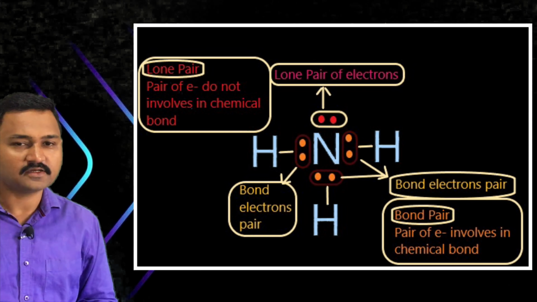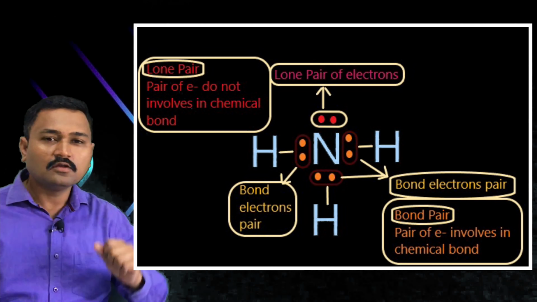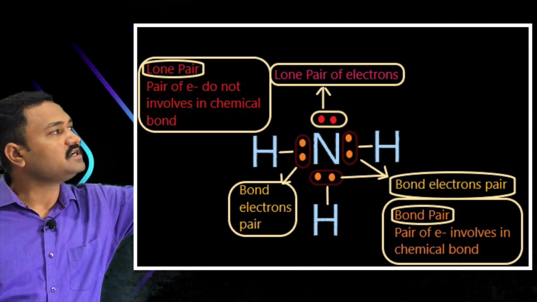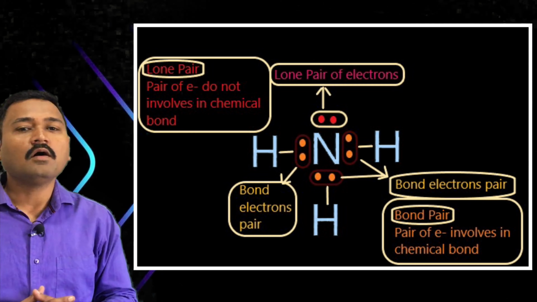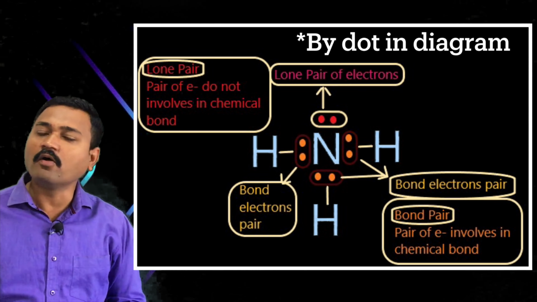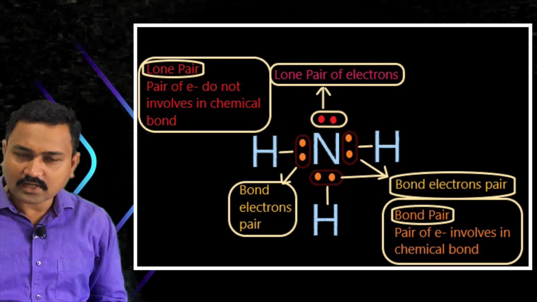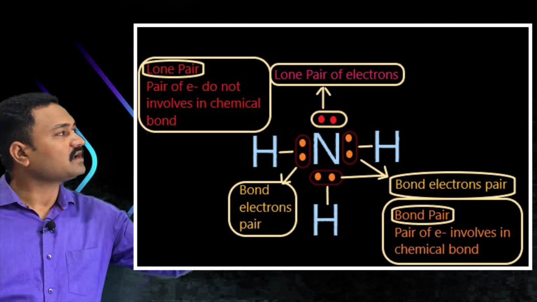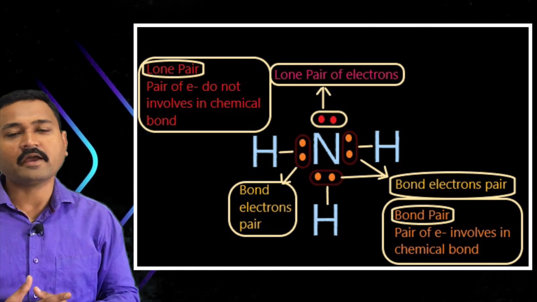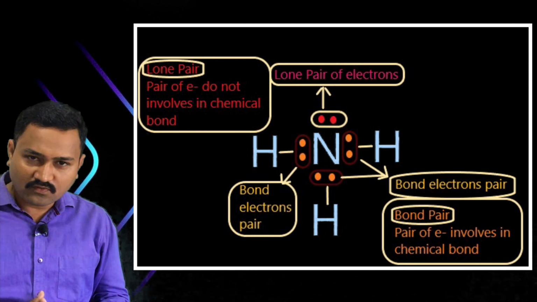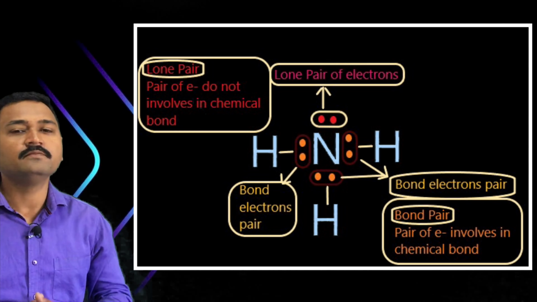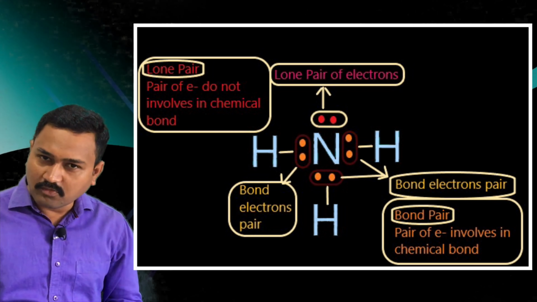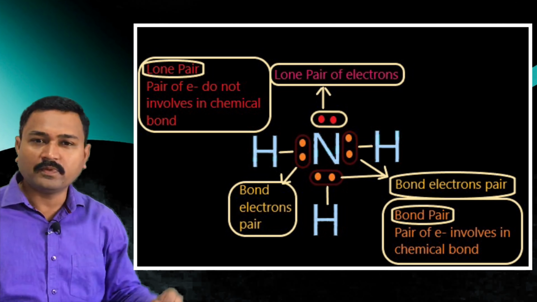You can observe that I have shown the lone pair of electrons on the central nitrogen atom, while the electrons of the 3 N-H bonds are shown by crosses. So the pair of electrons that forms this N-H bond is known as a bond pair, while the electron pair which does not involve in any bond formation is known as a non-bonding pair or a lone pair. So these are the basic things that you must know.